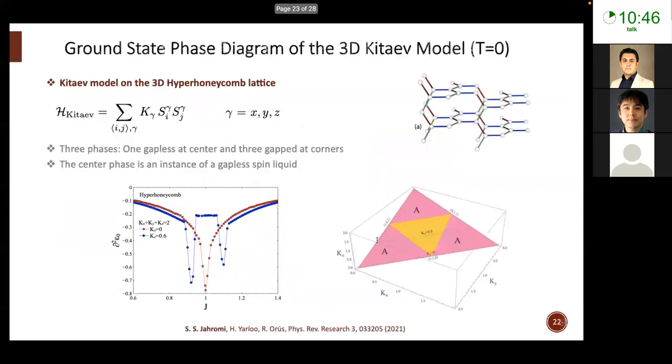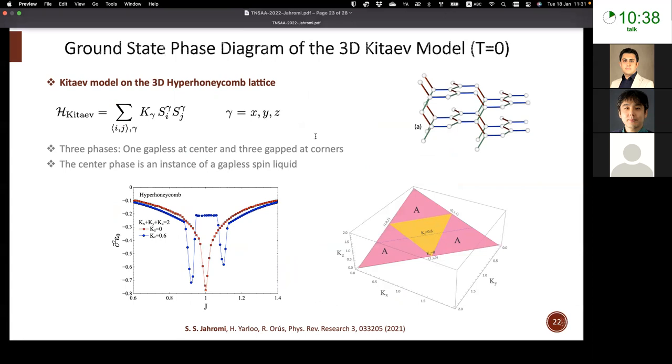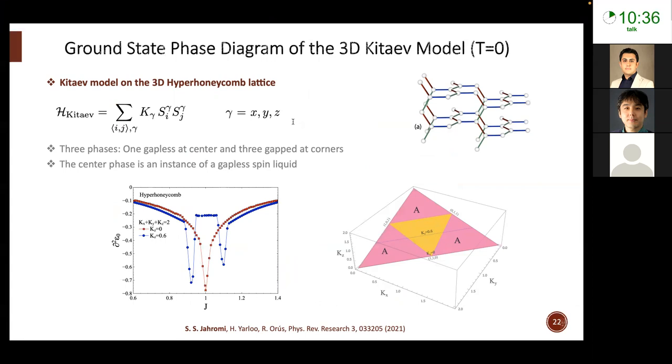Okay, and then another interesting problem which we studied both at 0 temperature and also at finite temperature, to study the thermodynamics, is the Kitaev model on 3D lattice structures. Here is the example of the Kitaev model on the hyper honeycomb lattice at 0 temperature.